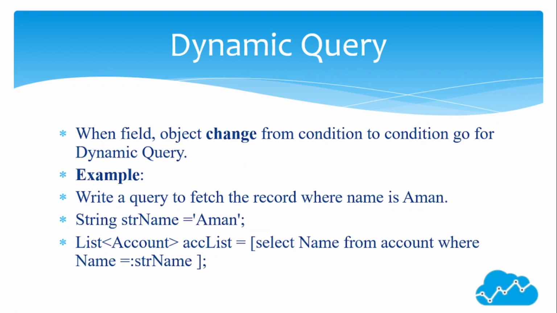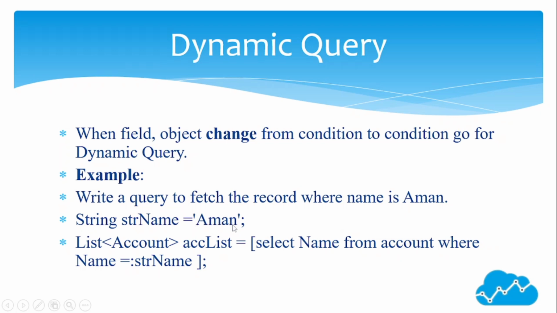Dynamic query. When the field or object changes from condition to condition, go for a dynamic query. Example: write a query to fetch the record where name is Aman. We create a variable of string type, strName, holding the value Aman.